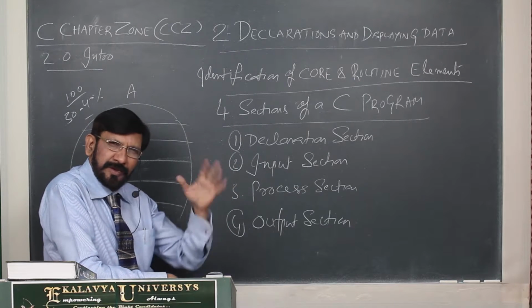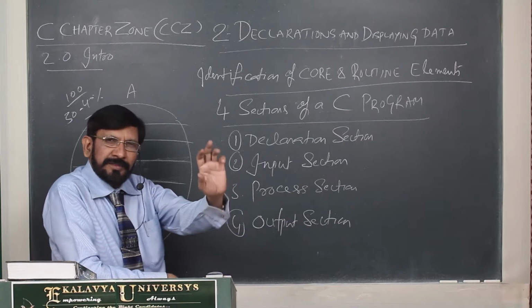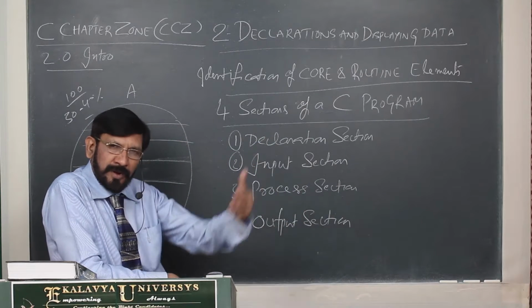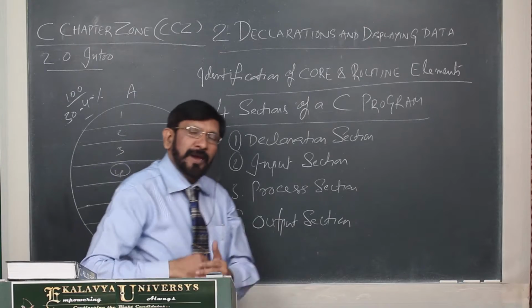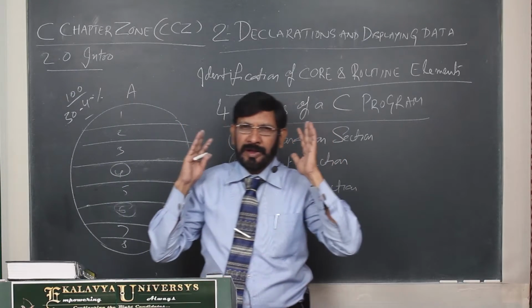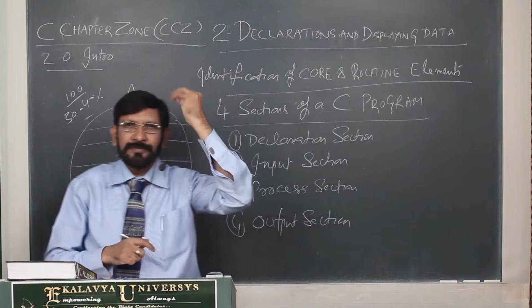Because these are routine, you have to learn certain elements, their practice is required. You have to write certain programs. By that endeavor, all the relevant concepts are registered in your brain.